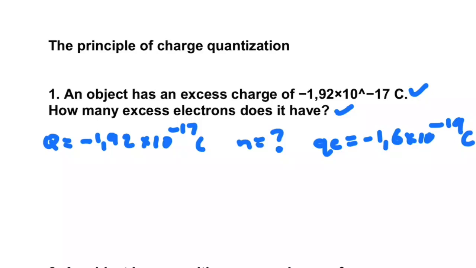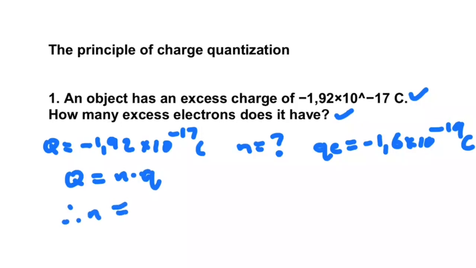Well, we know that the charge is equal to the number of electrons in excess multiplied by the charge of an electron. If we rearrange this, we're going to get the number of electrons in excess being equal to the charge divided by the charge of an electron, right? The charge of the object divided by the elementary charge.